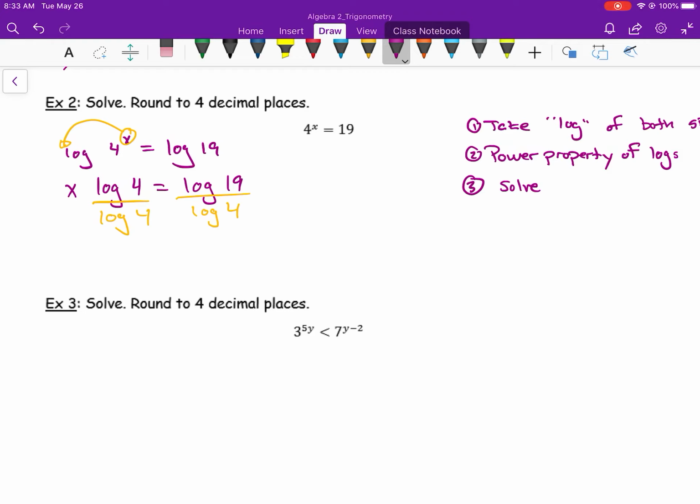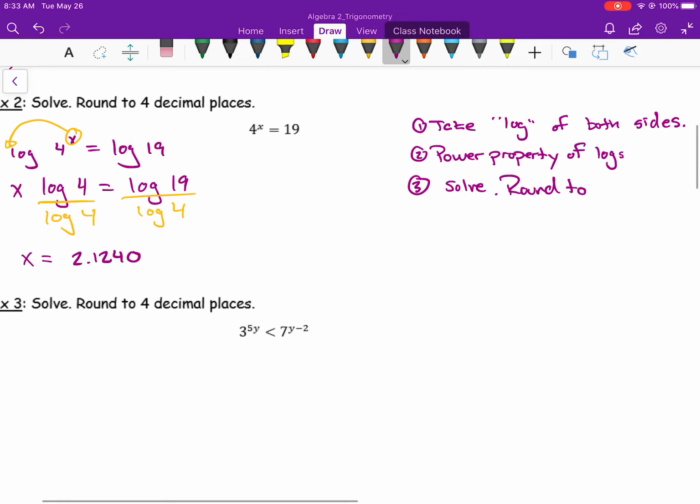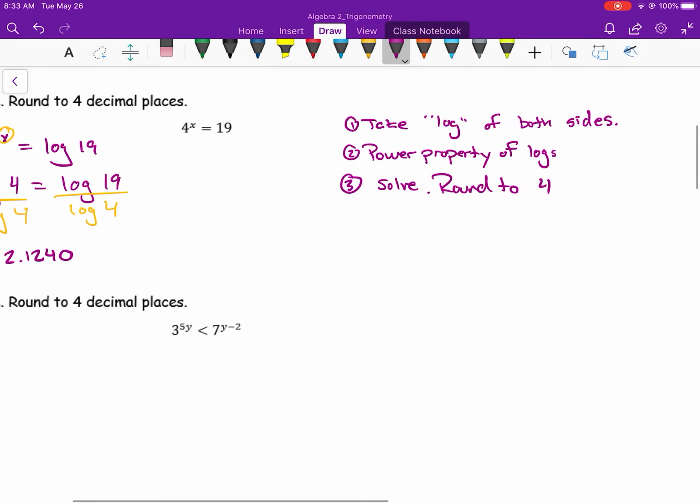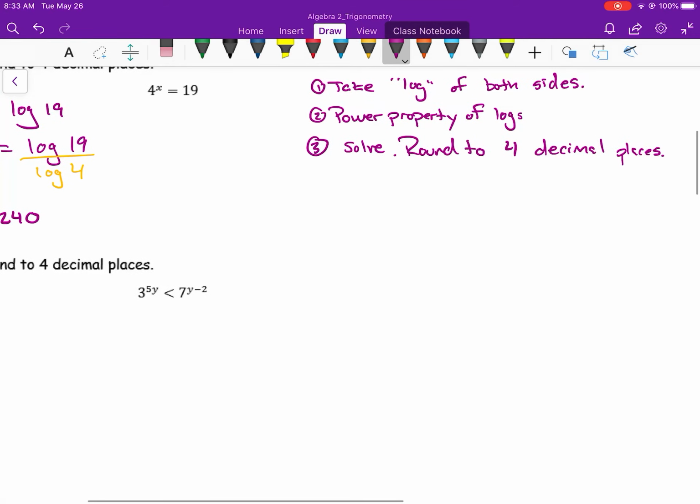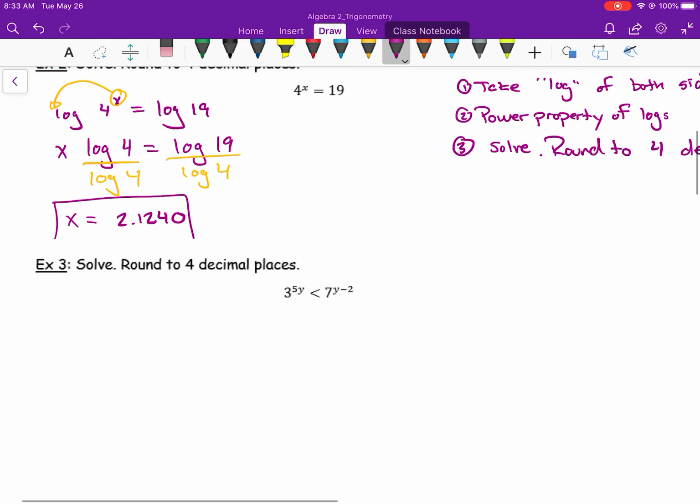We get x equals log 19 divided by log 4 in the calculator, and we're going to go 4 decimal places here, so we get 2.1240. Round to 4 decimal places. I believe that's how chemistry class works it, so we'll do the same.